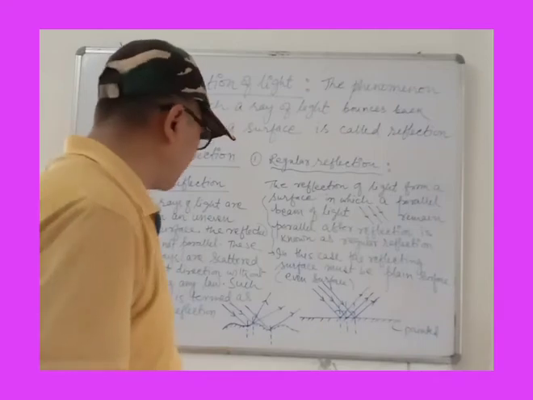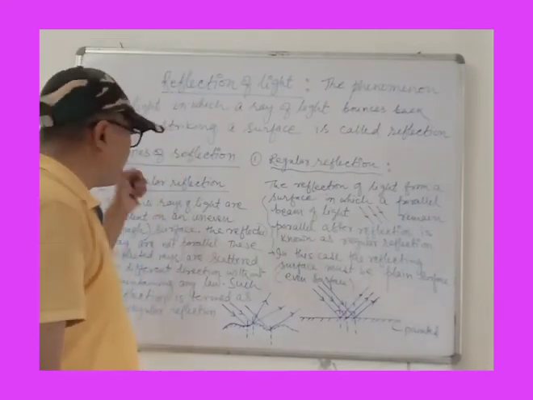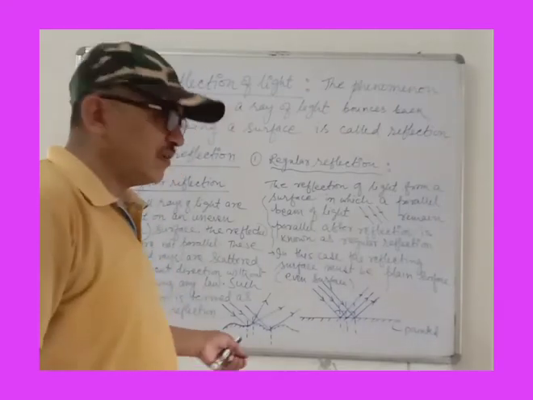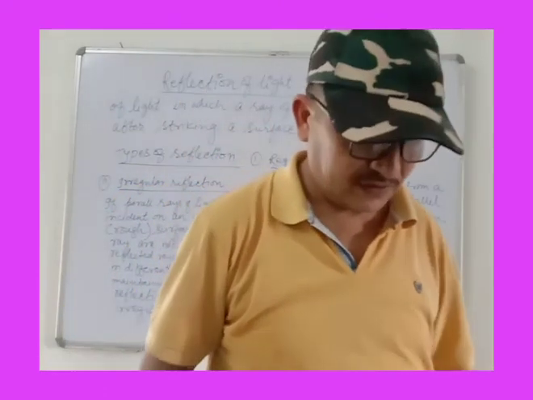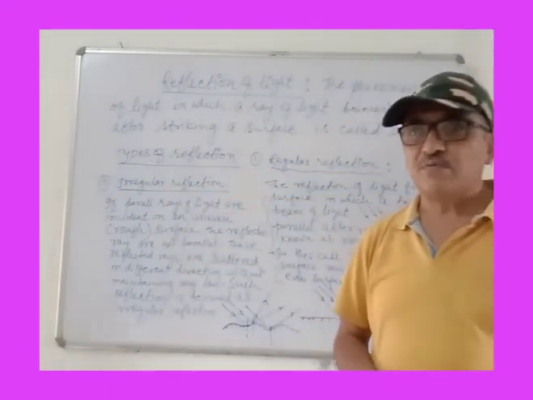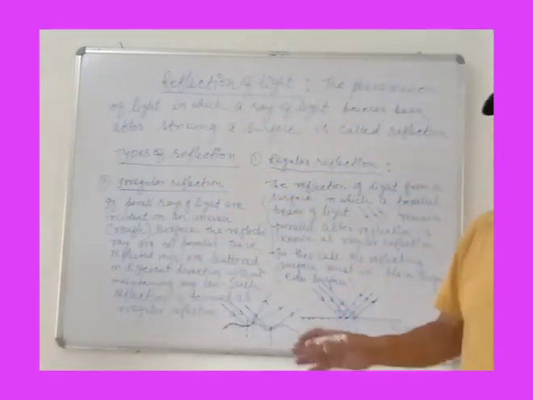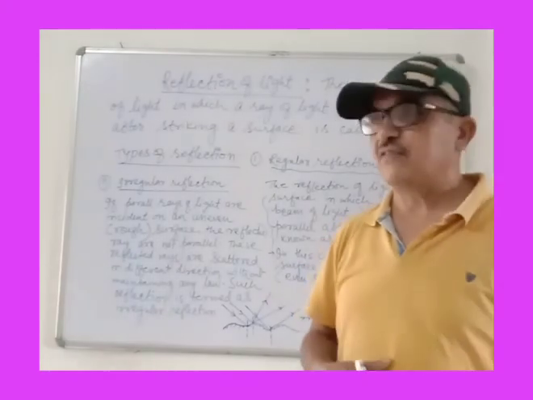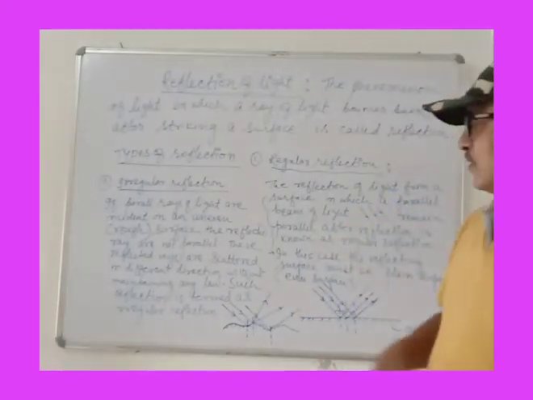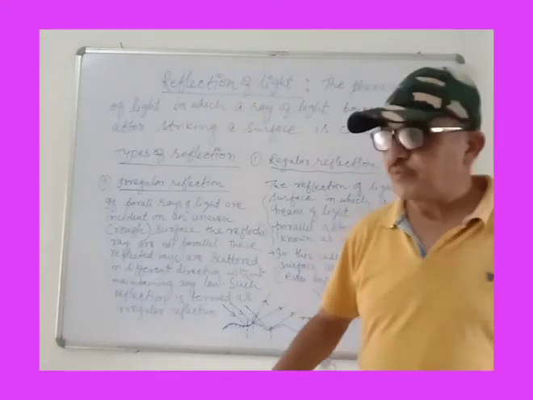This is the definition. Irregular reflection is also called scattered reflection. Most of the time we have scattered reflection, and then we can see the things around us. So these are the properties.